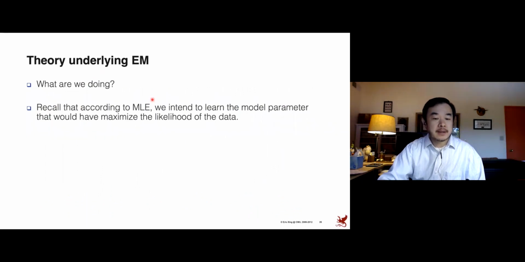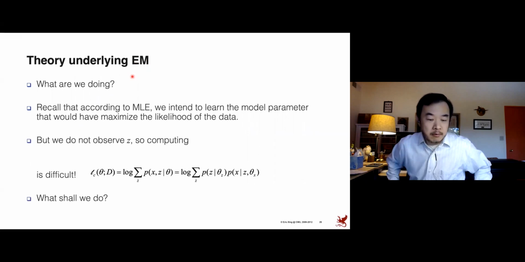I claim that what's happening underlying the EM is just a very clever way of solving the vanilla, the original maximum likelihood estimation problem for the mixture model. This expected complete likelihood is just a vehicle to attain a nice approximation to that quantity that we're going to optimize.